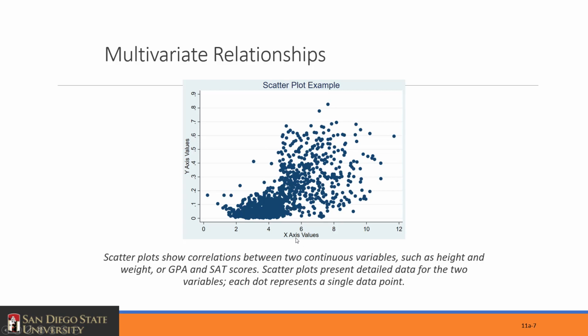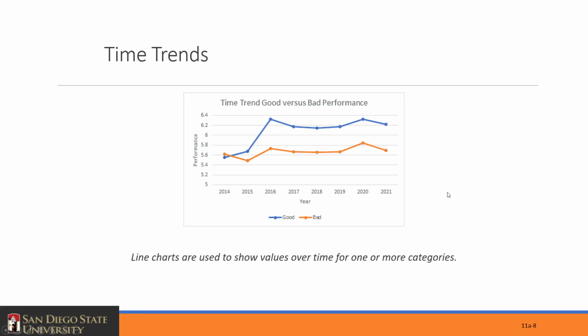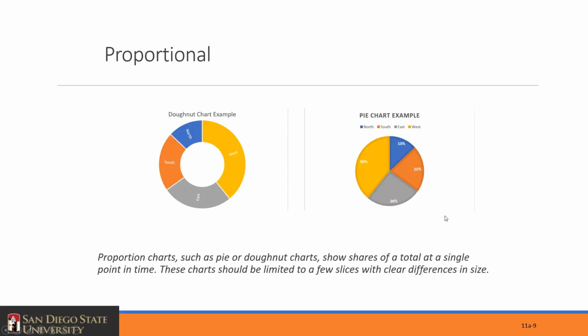For example, the x axis is the return on equity and the y axis might be the stock returns. You can see the positive relationship here. This is a time trend chart, showing as time goes on, what the trend of the data is. And then this is a pie chart.